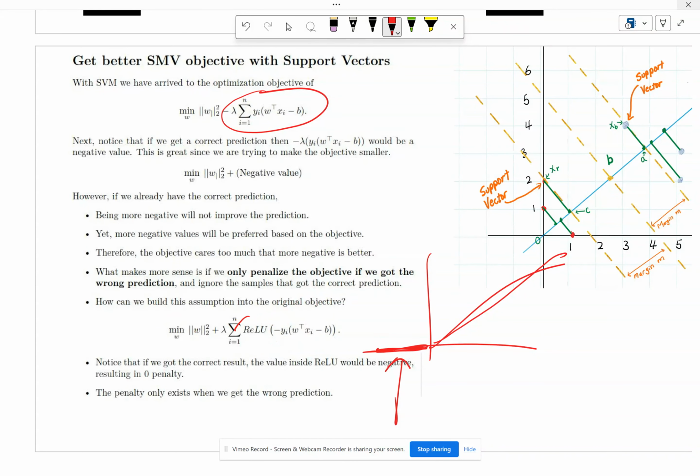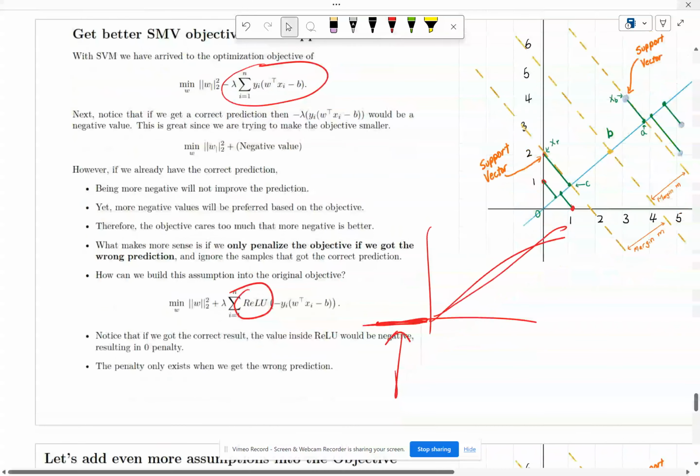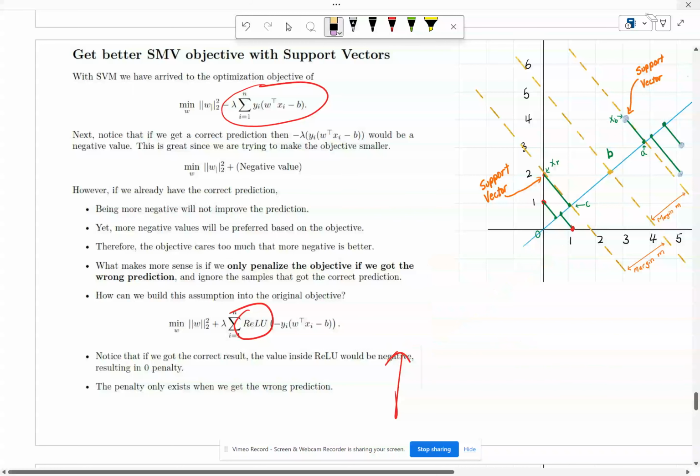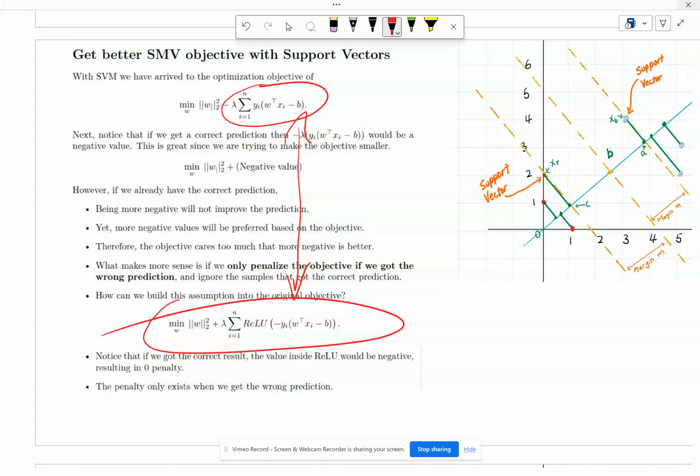So by adding a ReLU into this mix, you're no longer emphasizing getting a really negative value. You're changing the emphasis so that you really care if you made a mistake. You don't want to make a mistake. If you made the correct prediction, good enough. Now, take a second and look at the difference.